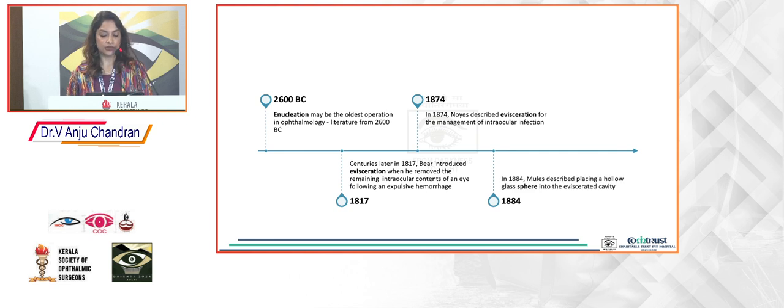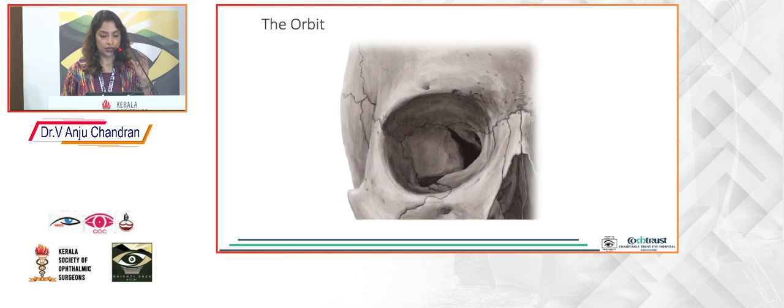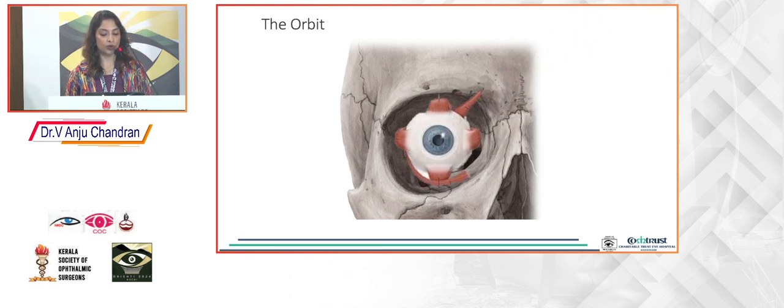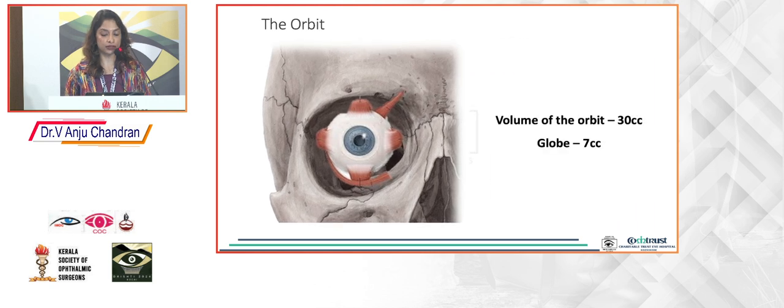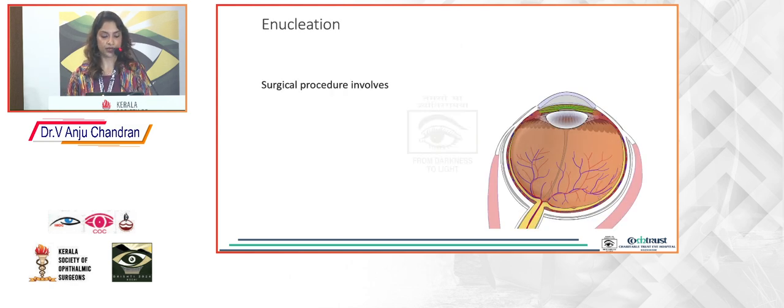A decade later, the first implant was placed, a glass sphere into the eviscerated cavity. Dr. Shibin already beautifully described how we have the orbit, the eyeball, and the other contents, and how we need to know the volume that is there, and how much we need to replenish.